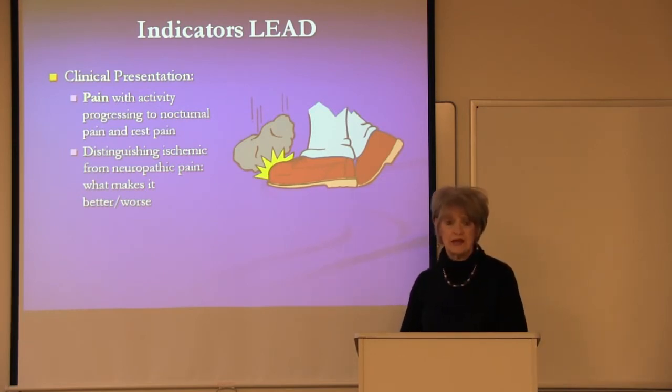That means that many of them have both arterial disease and neuropathic disease. Both arterial disease and neuropathic disease cause pain. How do you know what kind of pain they have? How do you do the differential assessment? And you go back and you ask them, what makes it better? What makes it worse? Arterial pain, better with rest and dependency, worse with activity and elevation.